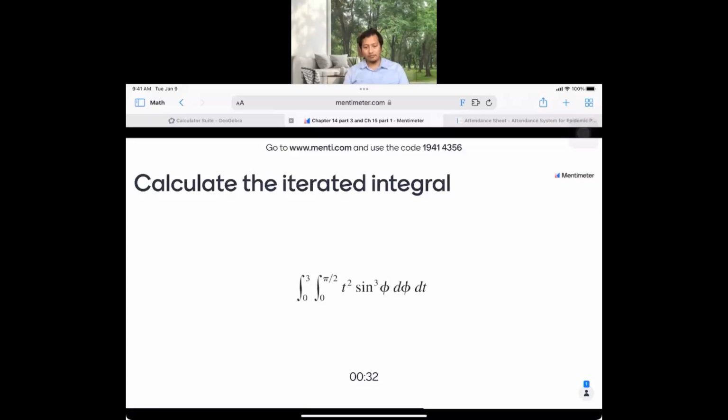Okay, sine cubed. We can solve sine cubed with sine and sine squared, and sine squared can be 1 minus cosine squared if you would like.